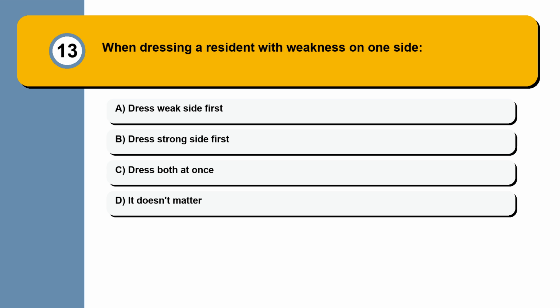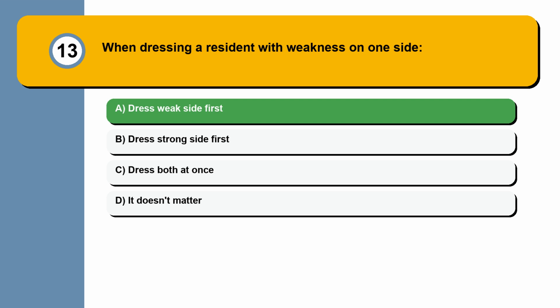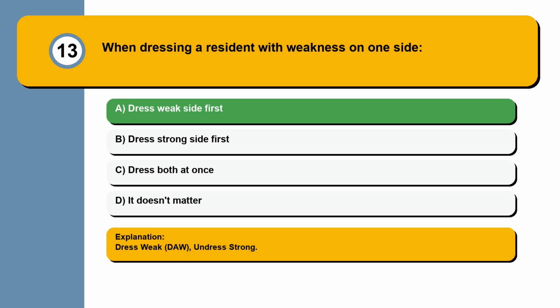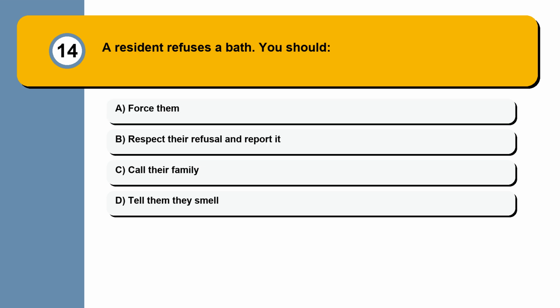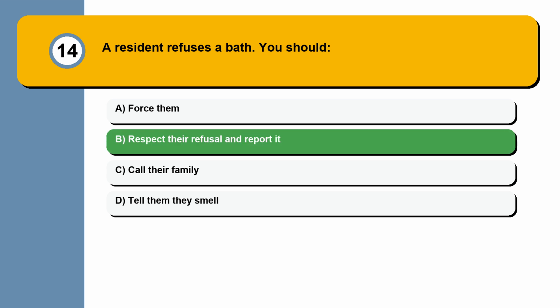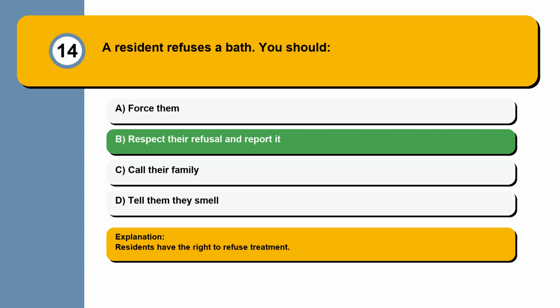Dress both at once. It doesn't matter. Dress weak, undress strong. Question 14. A resident refuses a bath. You should force them. Respect their refusal and report it. Call their family. Tell them they smell. Residents have the right to refuse treatment.